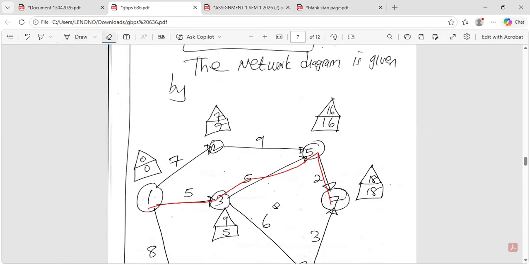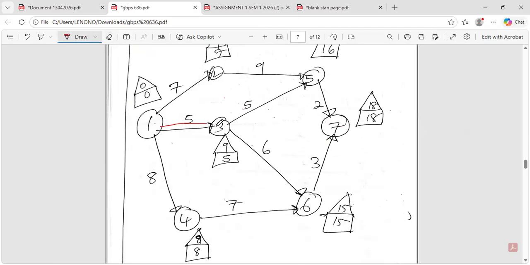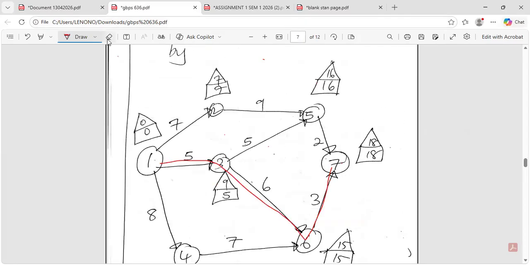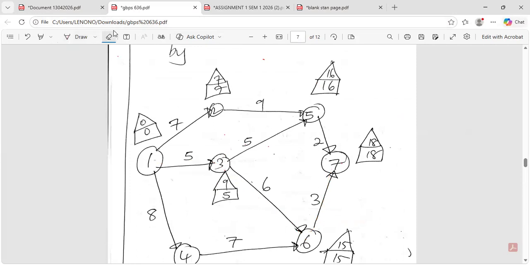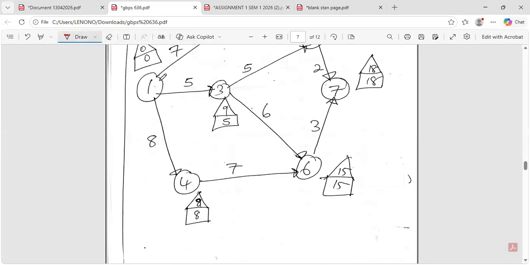So as this one goes, then the other route will be 1 to 3, 3 to 6, 6 to 7, which is giving us 14. These are the activities. Then the other one will be 1 to 4, 4 to 6, 6 to 7.